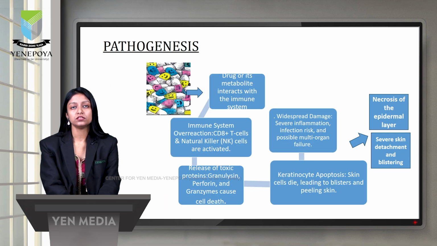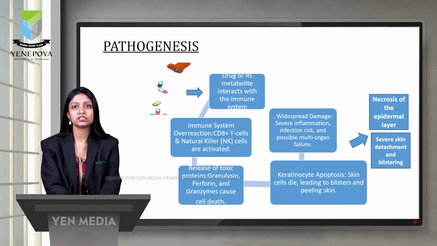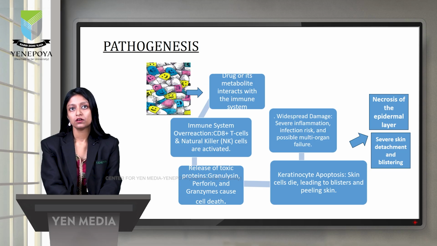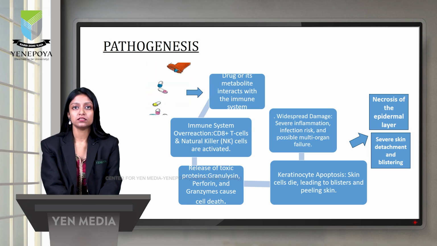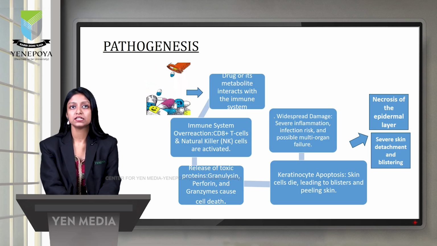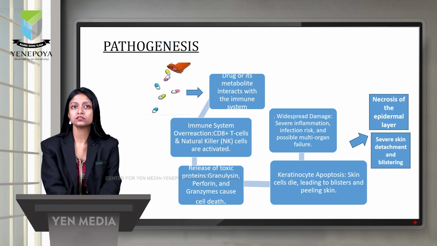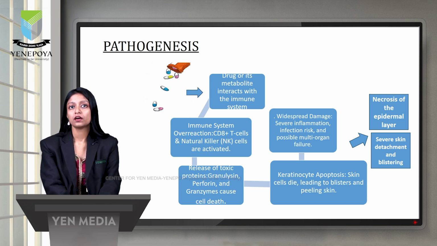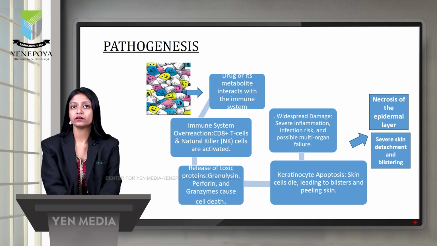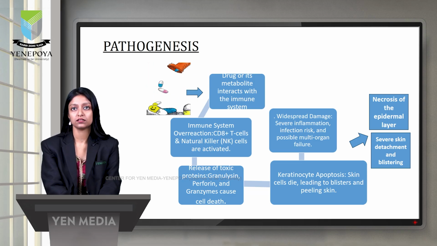Coming to the pathogenesis, what exactly happens when the drug or irritant is introduced to our system? A drug or metabolite interacts with our immune system, which leads to immune system irritation and release of CD8 plus T cells and natural killer cells, which in turn will release toxic proteins like granulysin, perforin, and granzymes, causing cell death.